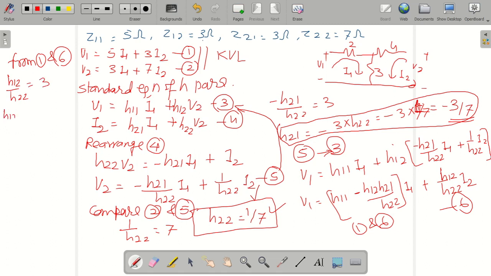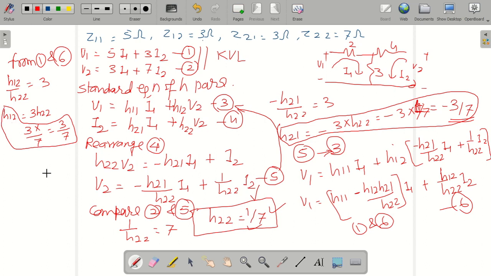So H12 equal to what? 3H22. So 3H22 is what? 3 times 1 by 7. So I'm getting 3 by 7. Okay, that is H12.